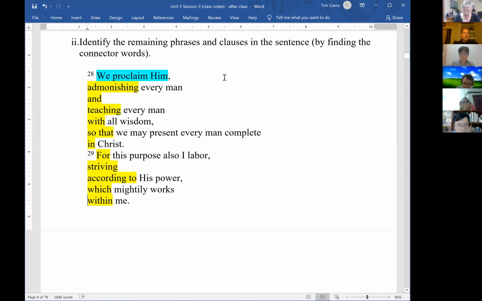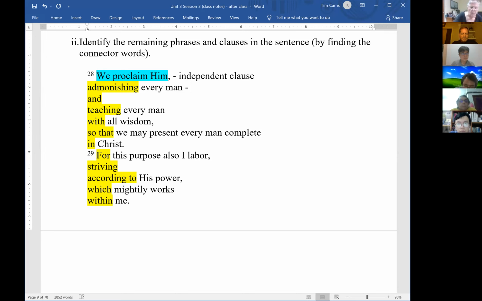Let me ask Norman. All I want you to do, Norman, is just identify whether it's a phrase or a clause. We've already done the first one. That's the independent clause. Remember, we're just looking for a subject and a verb to make it a clause. Admonishing every man, is that a phrase or a clause?